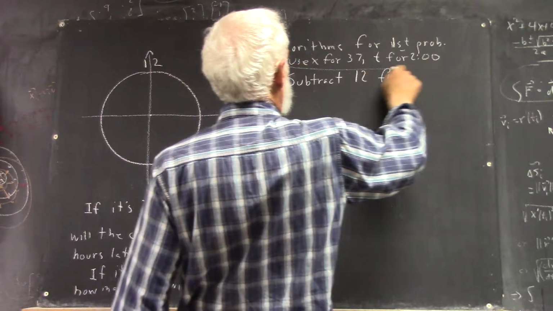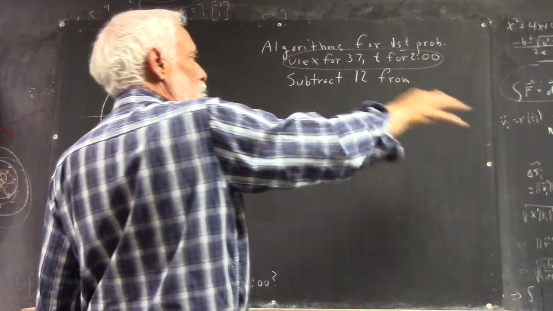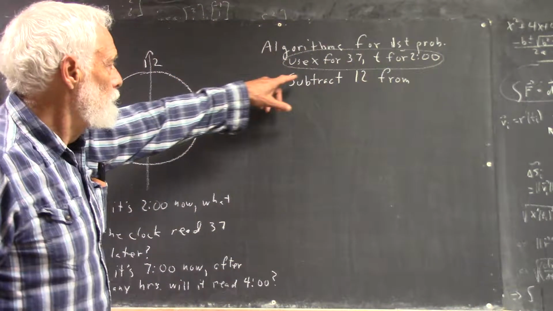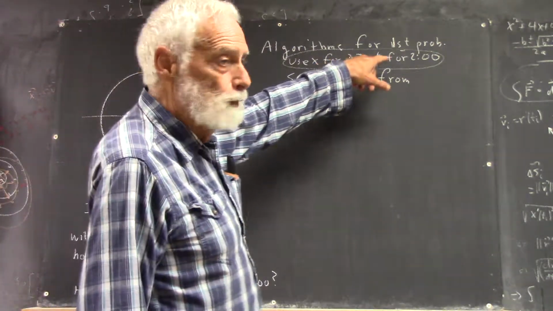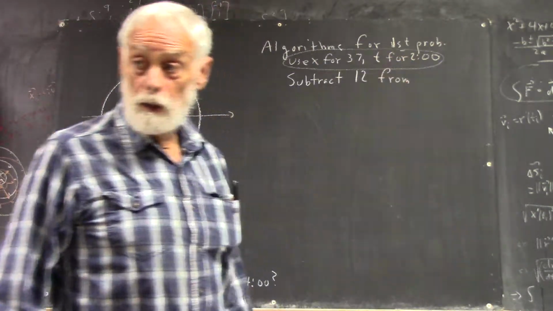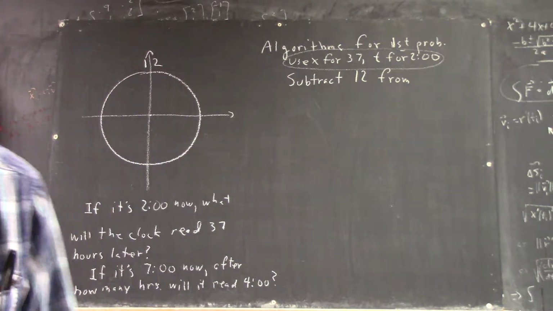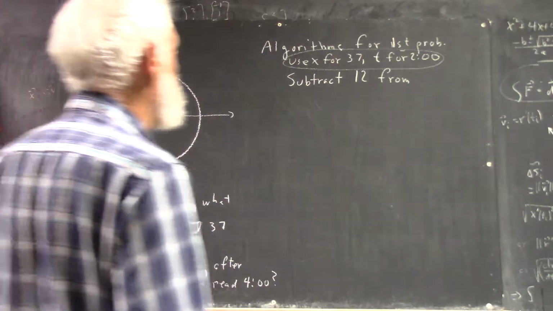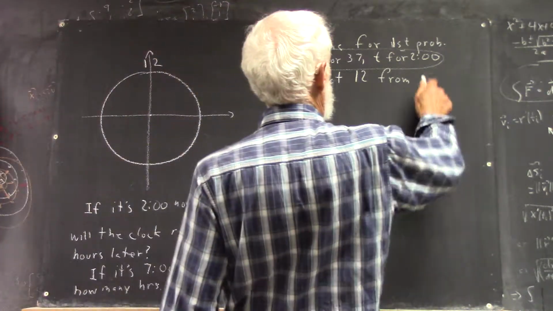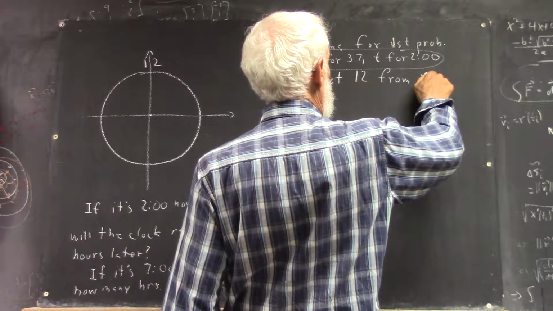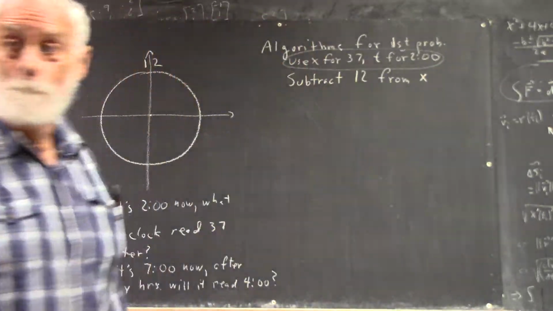Actually, I'm doing what I just said I wasn't going to do, but I'm kind of making decisions as I go here. So we're going to use x instead of 37, t for the 2 o'clock. Okay? So you subtract 12 from x.